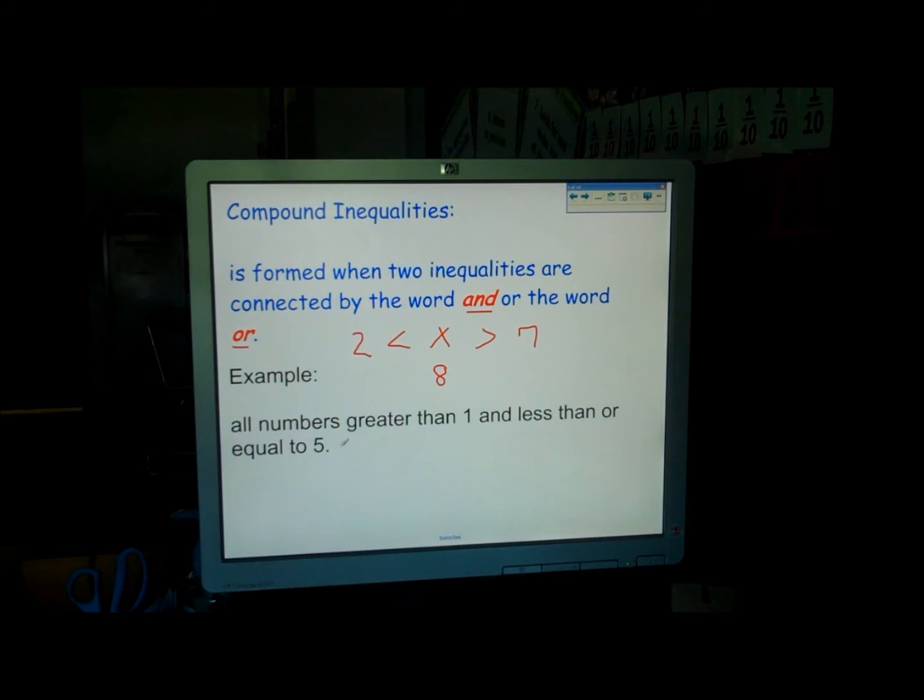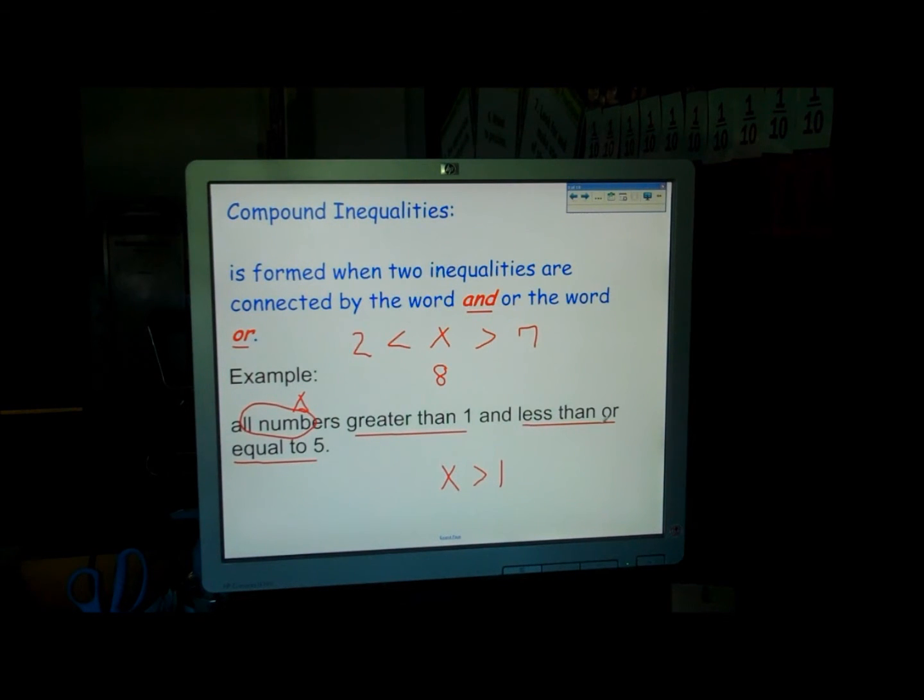So here's an example. All numbers greater than 1 and less than or equal to 5. So all numbers, that's going to be our X, because we don't know what the all numbers are, needs to be greater than 1. So X has to be greater than 1. So we want the alligator eating the X. It's bigger than 1.